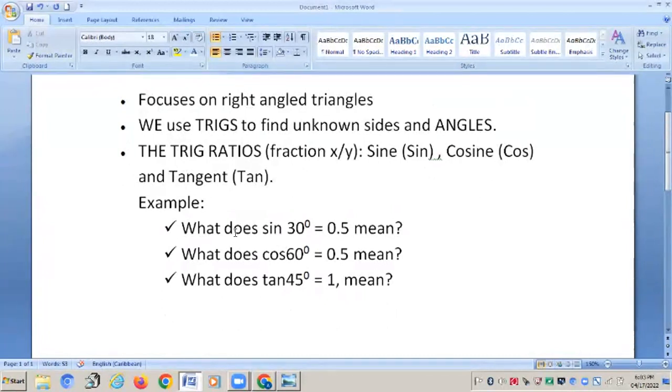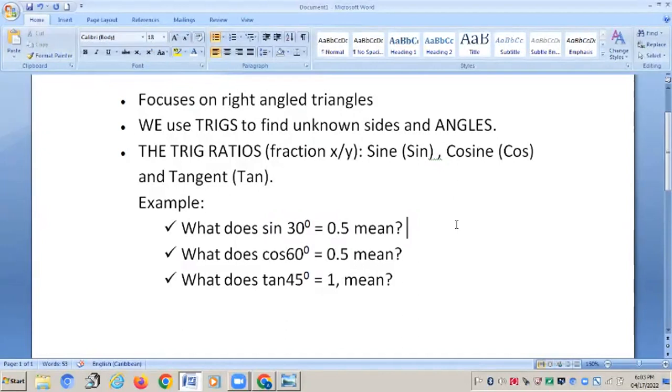To work this out, you just press what you see: you press sine, you see sine, you press 30, you see 30, you press equal, and you get 0.5. But for Mrs. Walker and probably others, it's the other way around. You press the 30, then you press sine, then you press equal, and I get the 0.5. Can you all confirm to me that you actually get these values?